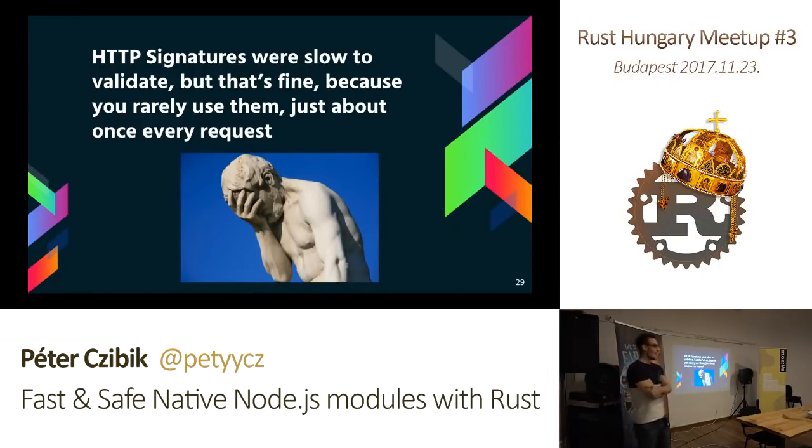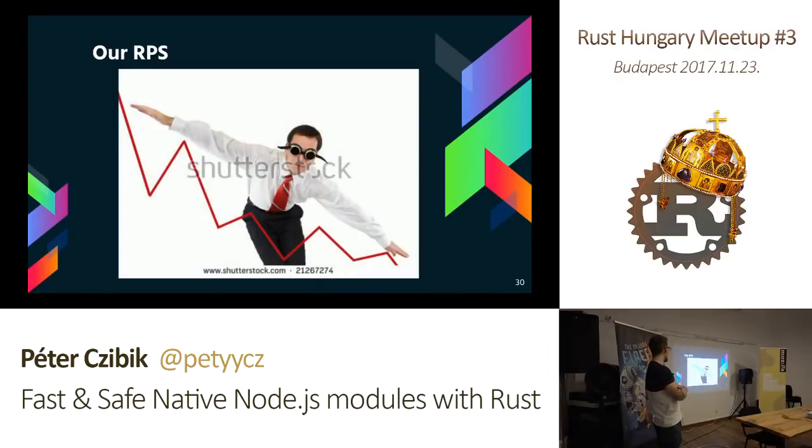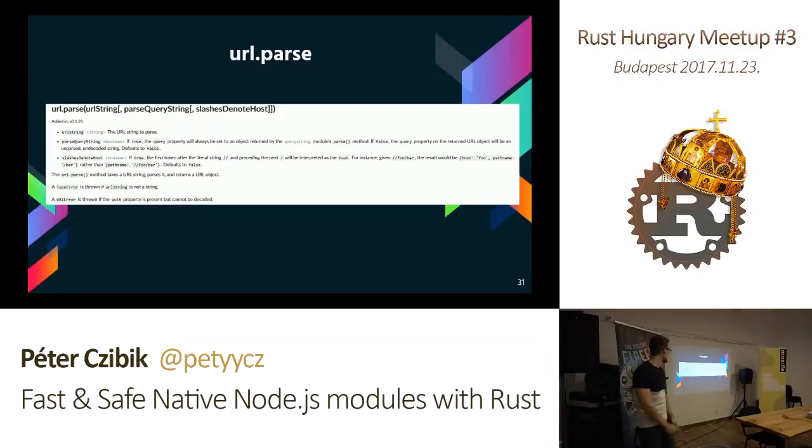So we've been doing these signatures, and we noticed that our RPS was just going down. And we figured that it's not actually the crypto that is slowing it down, but the URL parsing.